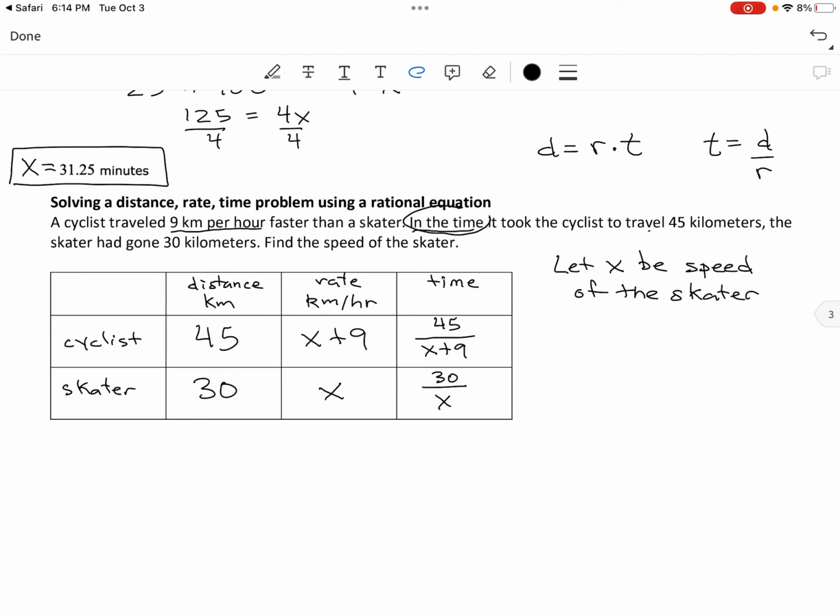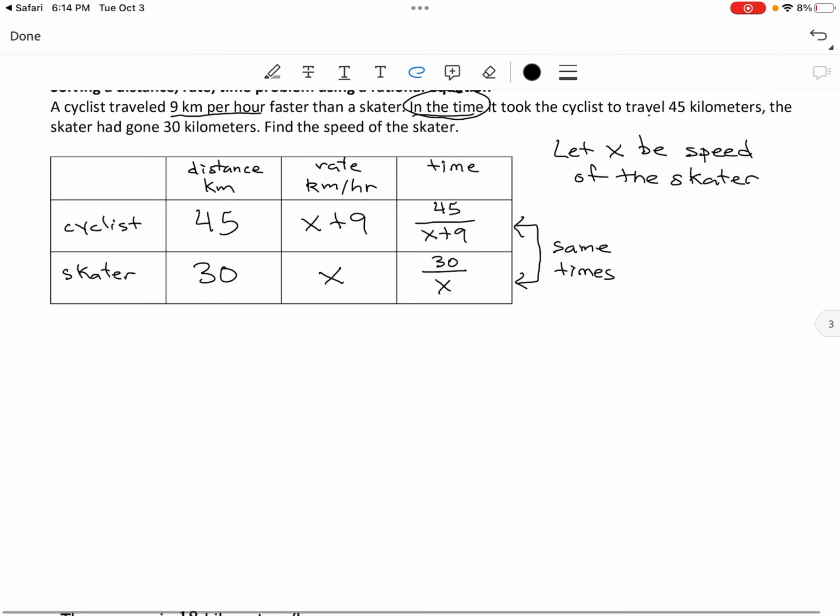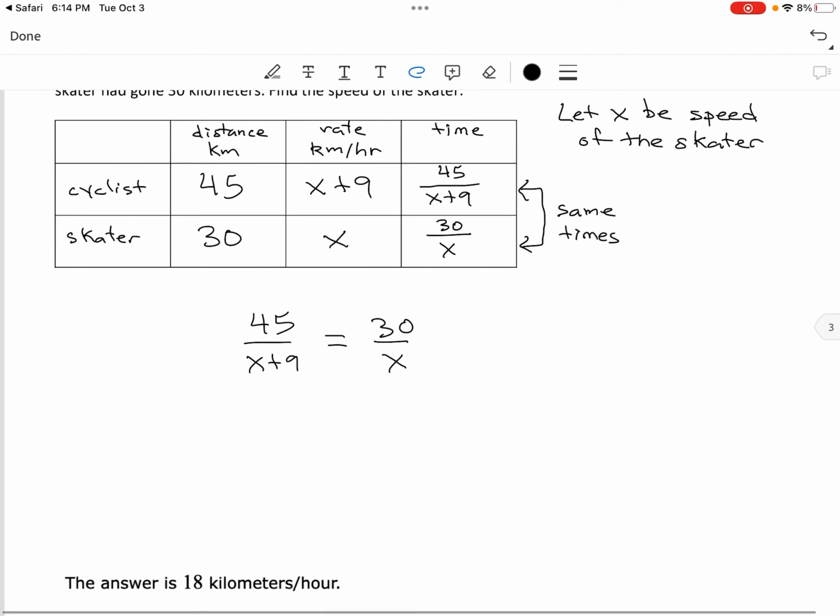And because they say that in the time, the times are the same, we take the time for the cyclist and the time for the skater and set them equal to each other.